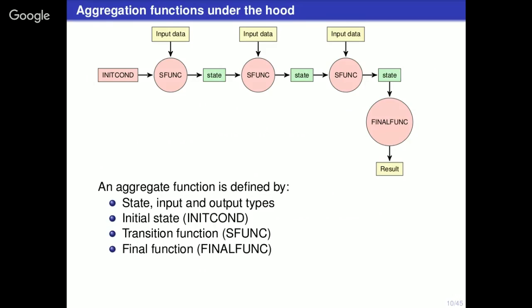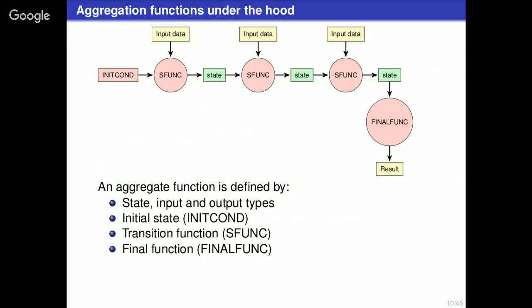How does it work internally? An aggregate function comprises a type of its state value and two functions, transition function and final function. At the very beginning, a state variable is initialized by initCond with some value, and on every input row, we call the transition function.